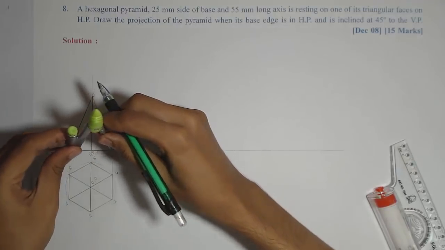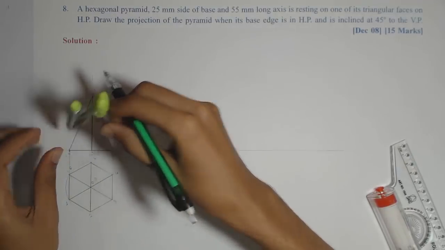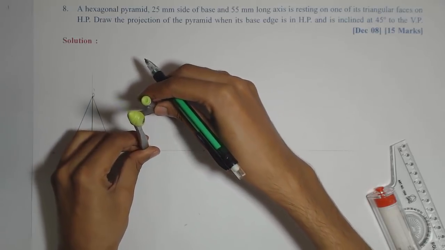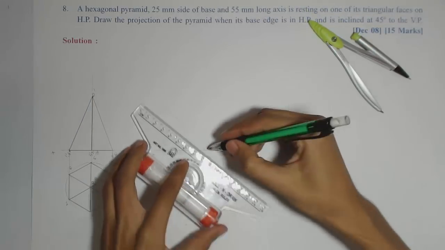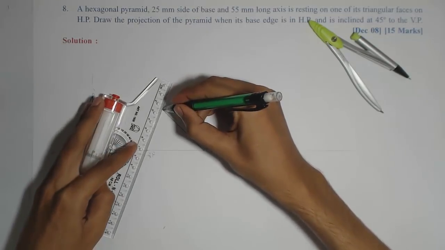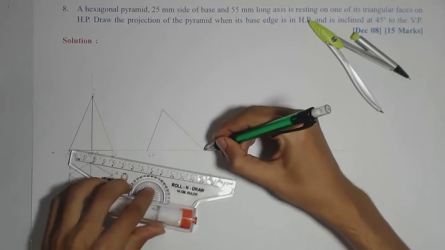We need to just produce this more. We'll complete the triangle first. We'll make it dark.